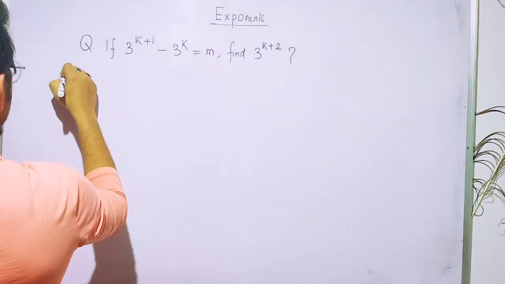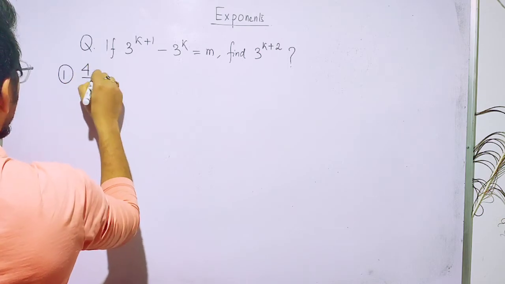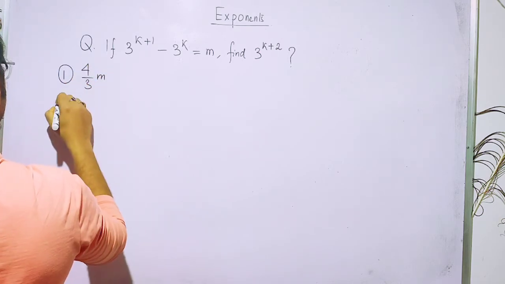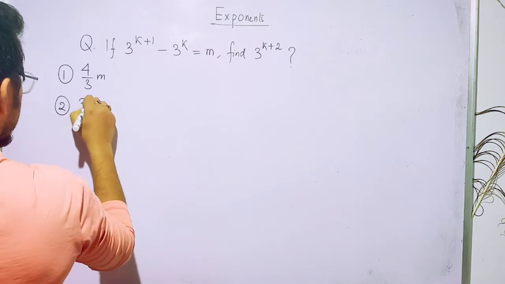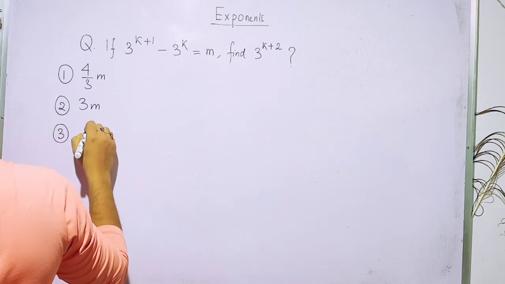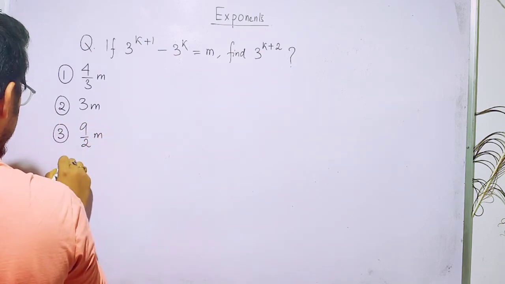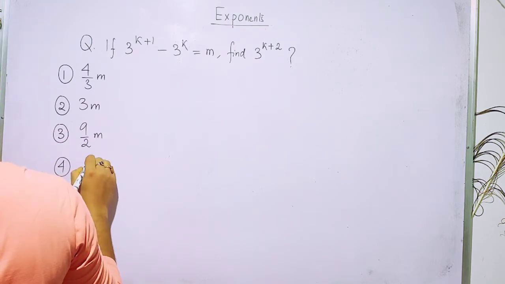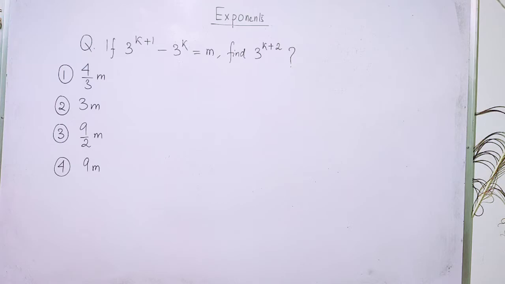Your options are 4 over 3 m, 3m, 9 over 2m, 9m. So this is the next question.